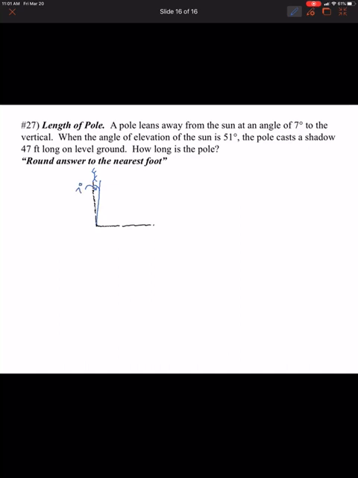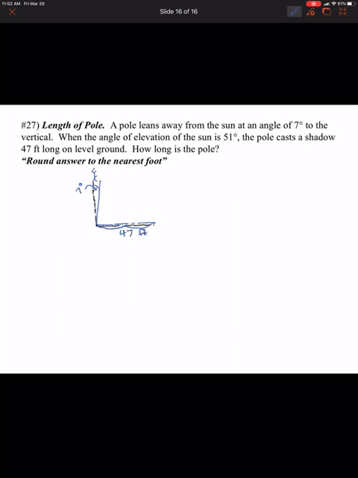So with that said, what other information is given? It says the angle of elevation of the sun is 51 degrees, and the pole casts a shadow that's 47 feet long. So let's draw in the shadow that it casts. This is 47 feet in length.